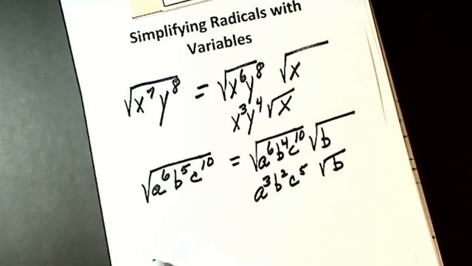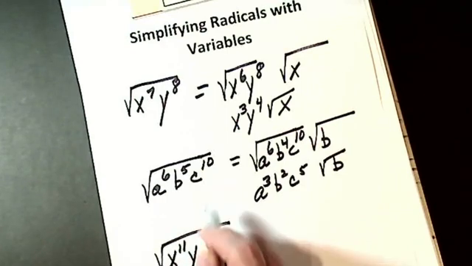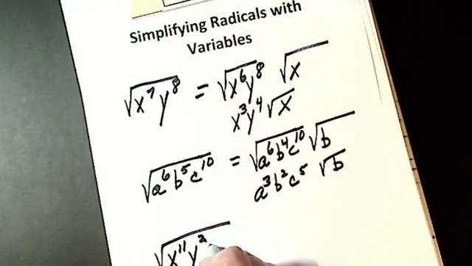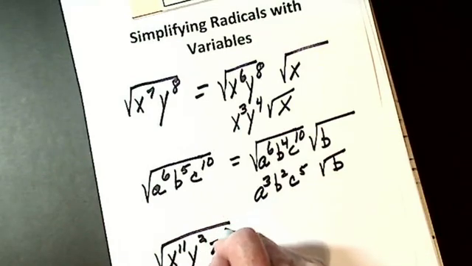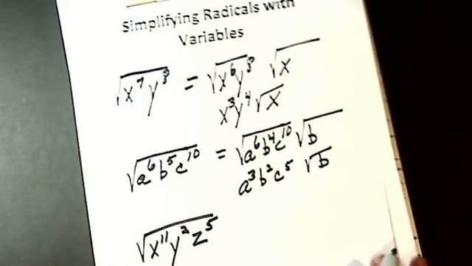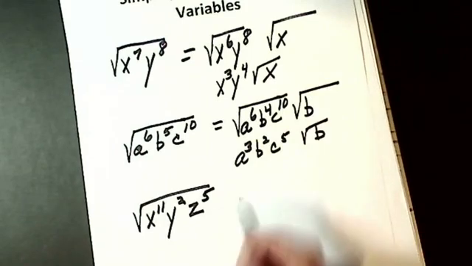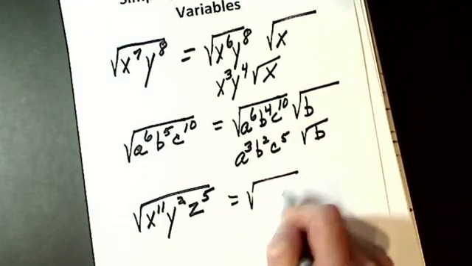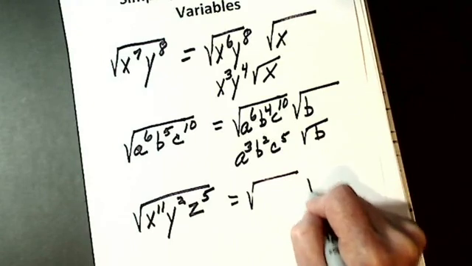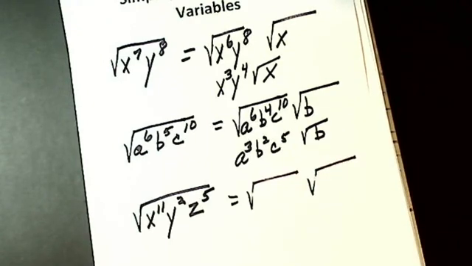Let's do another one. I'll use x, y, z. Let's make it x to the 11th, y squared, z to the 5th. So now, everything I can take the square root of goes here. That's my leftover. This is odd.